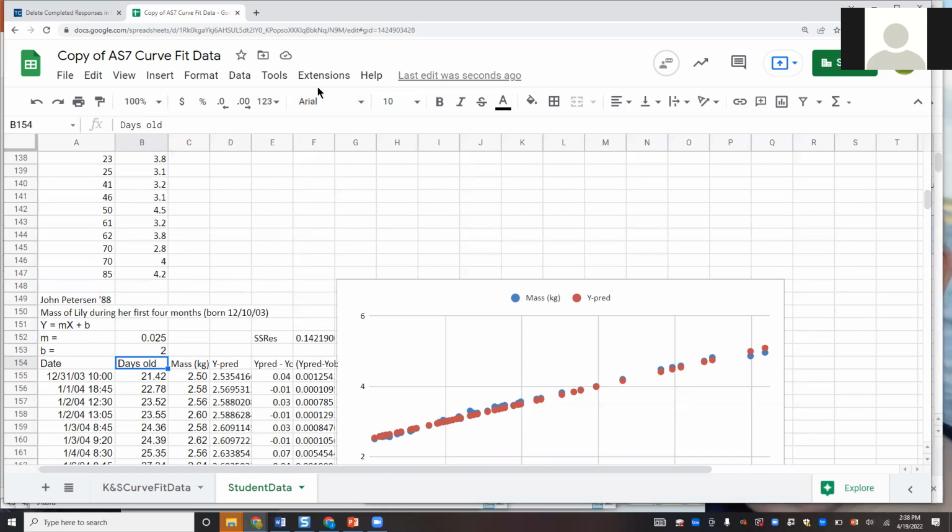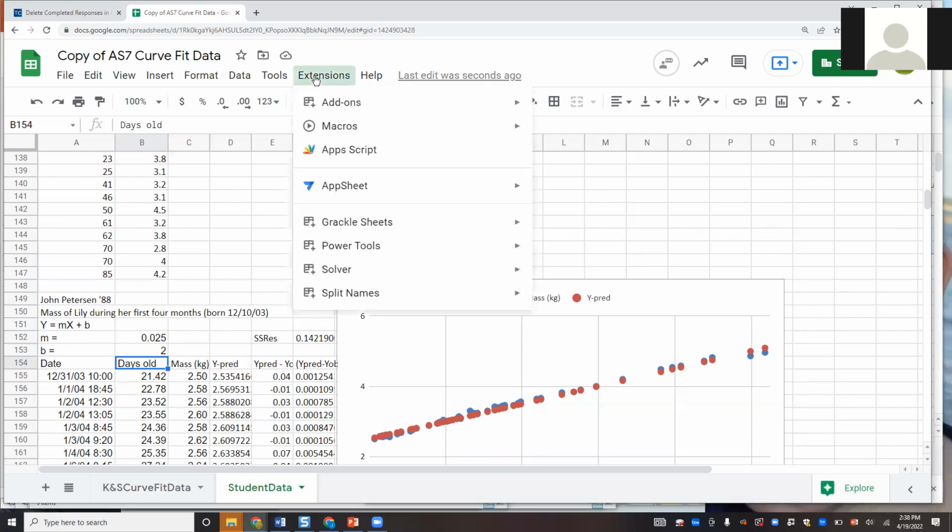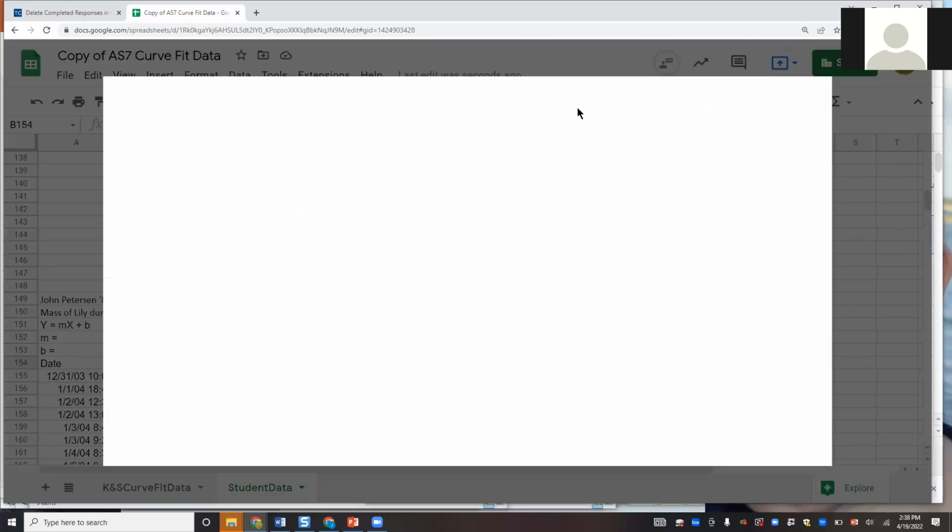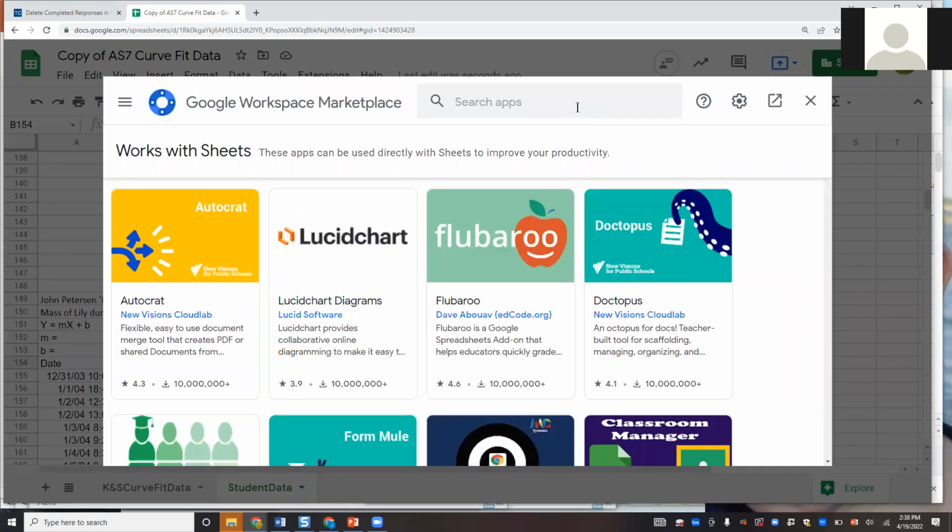What I actually want you to do now is go up to Extensions, then Add-ons, and get add-ons. This doesn't come installed on Excel either.